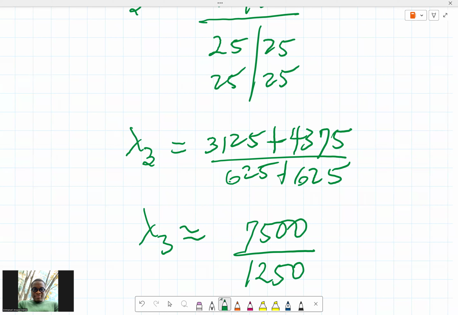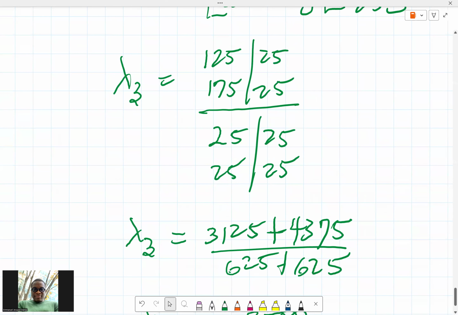Okay, I think it's already diverging. Let's see. 125 times 25 is 3125. 175 times 25 is 4375. So 125 times 25, 3125, plus 175 times 25, 7500, divided by 25 times 25 plus 25 times 25.